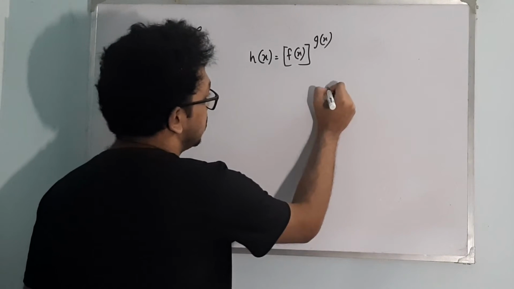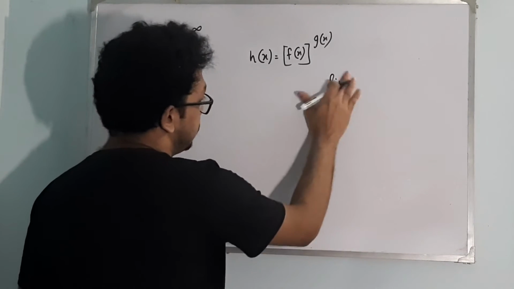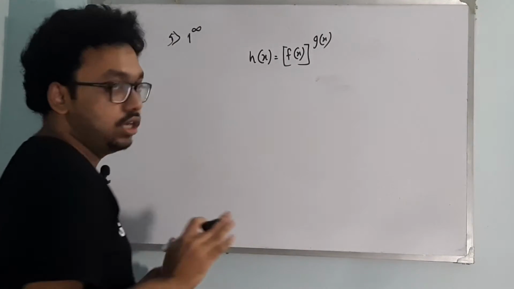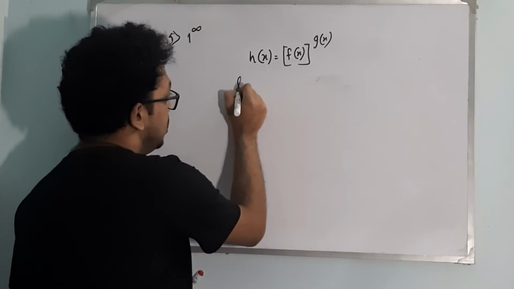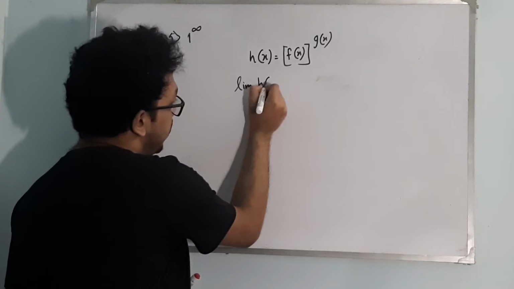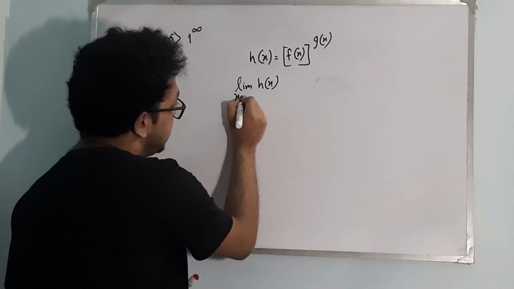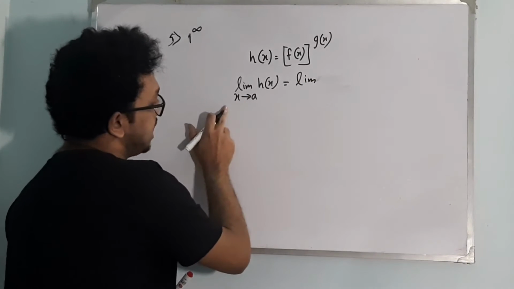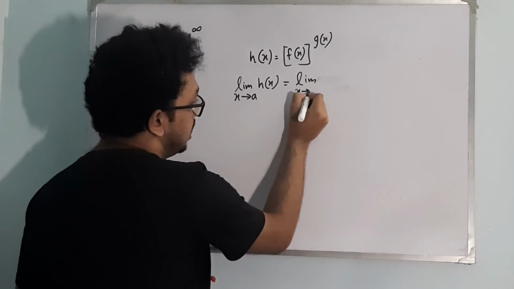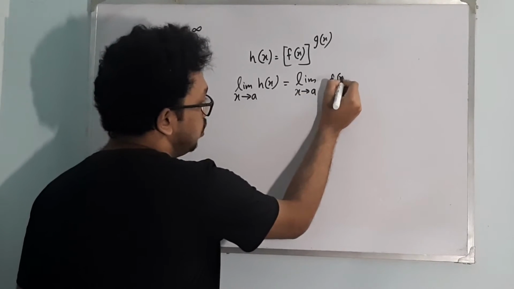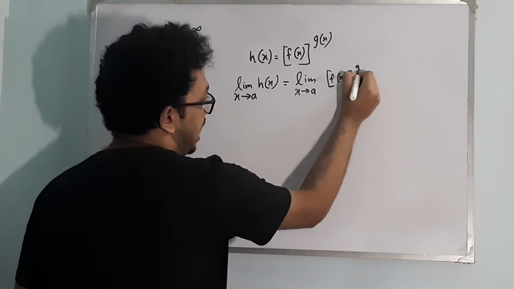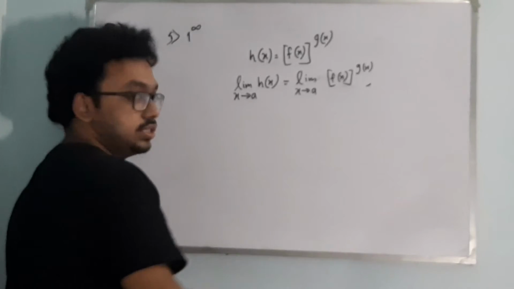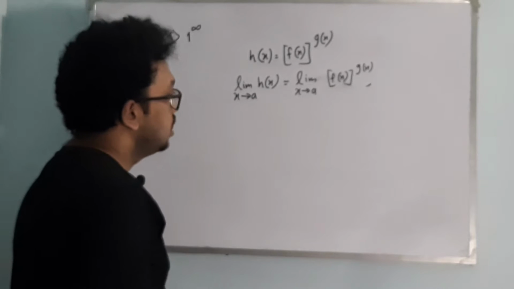And suppose we want to evaluate the limit of h(x) at x equal to a. So we want to evaluate the limit of the function h(x) as x tends to a. So limit of h(x) as x tends to a is same as limit of f(x) whole to the power g(x) as x tends to a, right? Now observe.